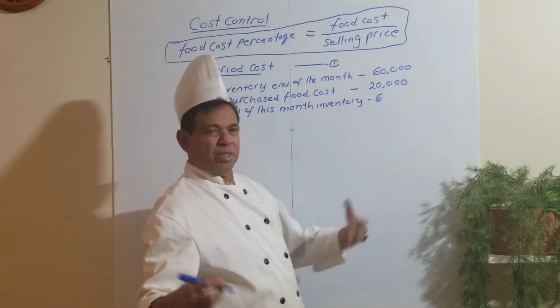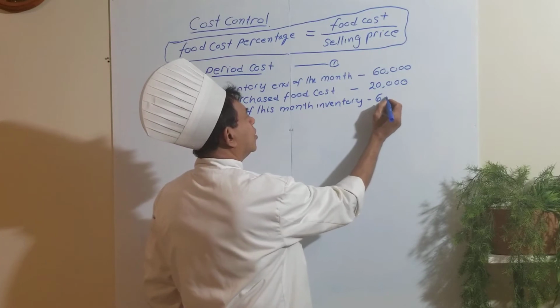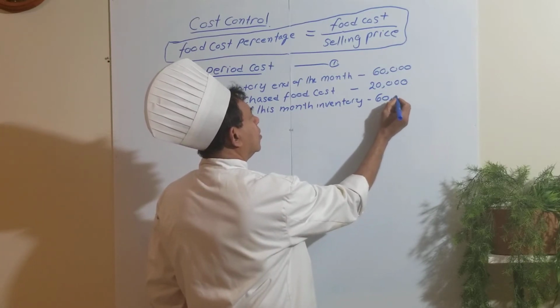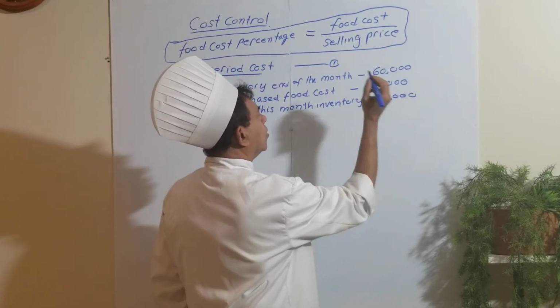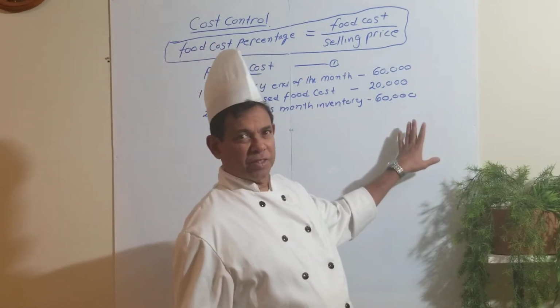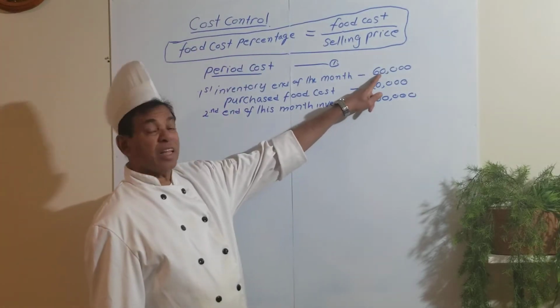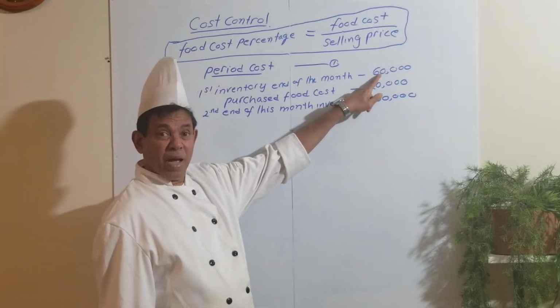It's a figure I made up. Just I put 60,000 again. You can put any amount. For example, I'm just explaining that one. Now the last end of the month, 60,000 my inventory.